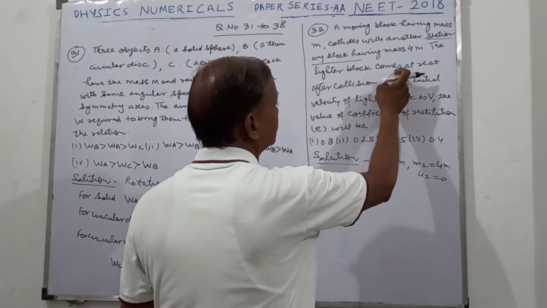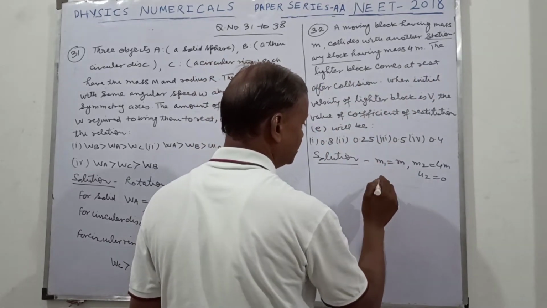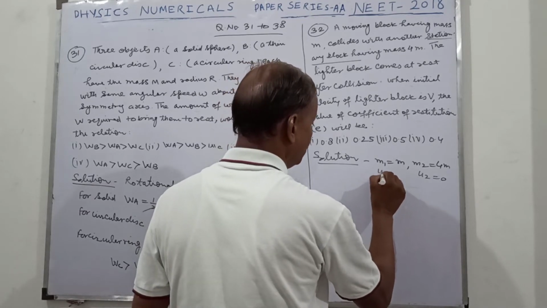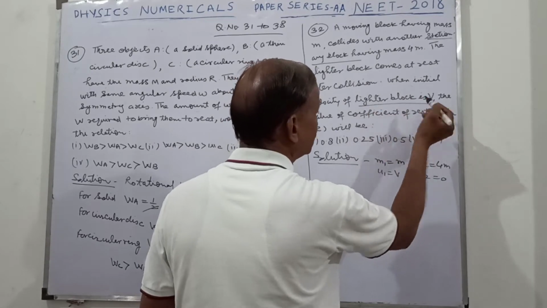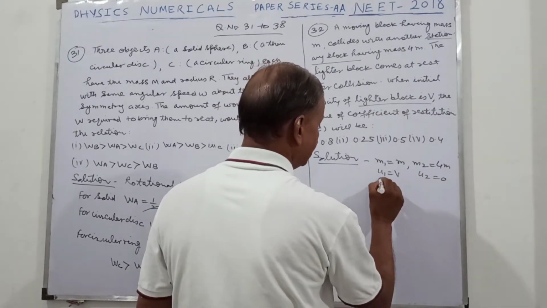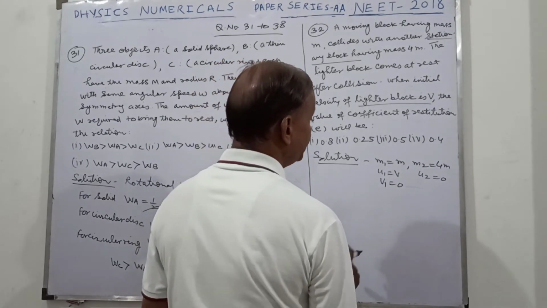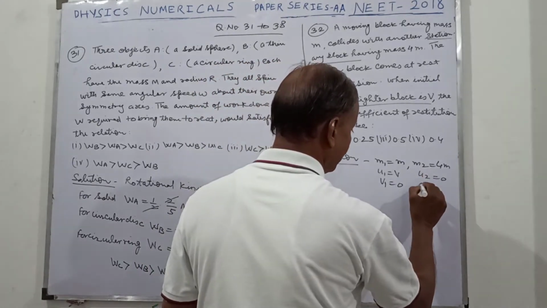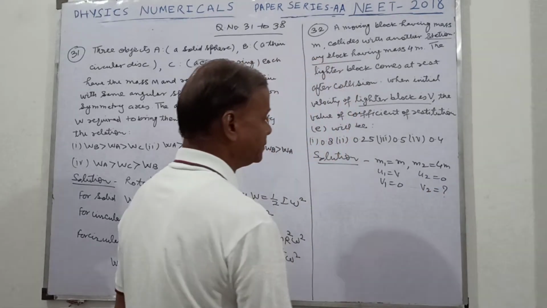The latter block comes to rest after collision. Now u1 is given as v, and v1 is equal to 0. But the speed v2 of the heavier mass is not given, so we have to find it.